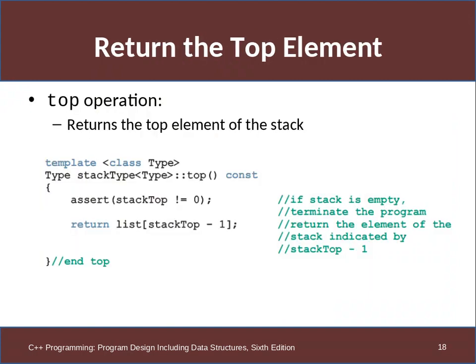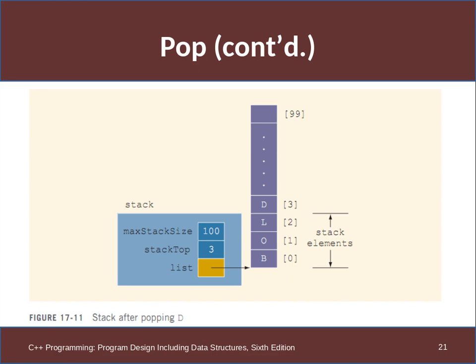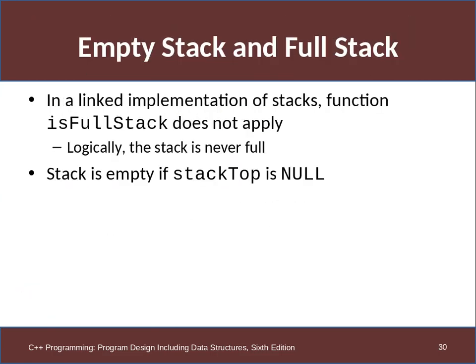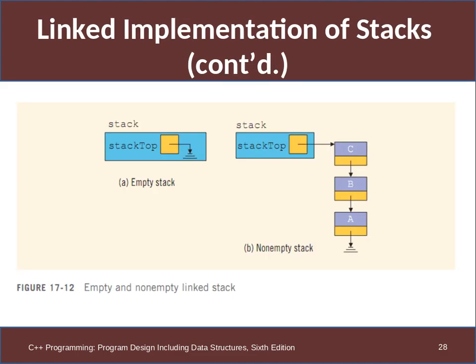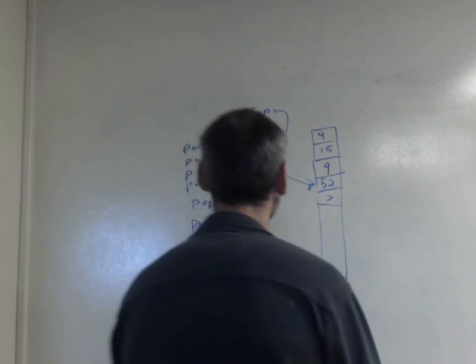All right, so we talked about stack, pushing, popping, copy, overloading, blah, blah, blah. Using linked list. So let's go draw the linked list implementation on the board because it is important to actually follow this.